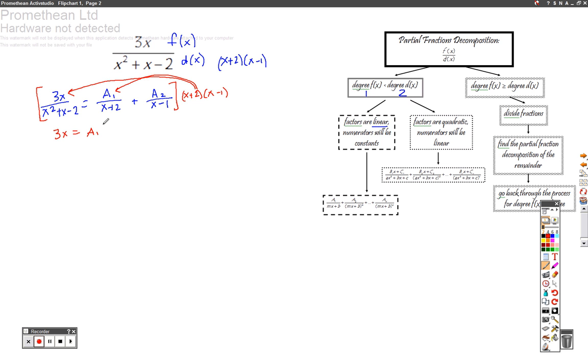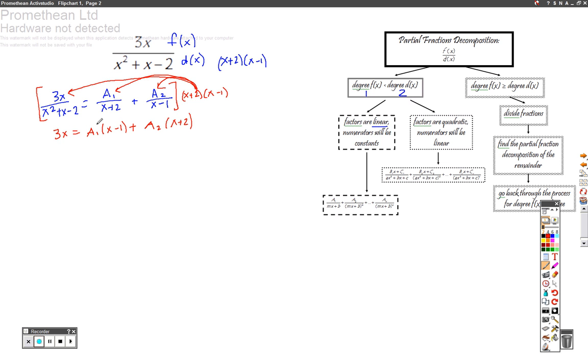It's going to leave me a1 times x minus 1 plus, when I multiply here to this fraction, the x minus 1 is going to cancel, and it's going to leave me a2 times x plus 2.